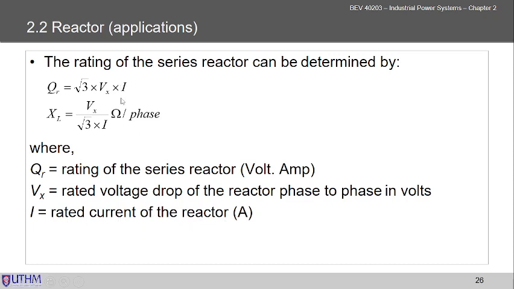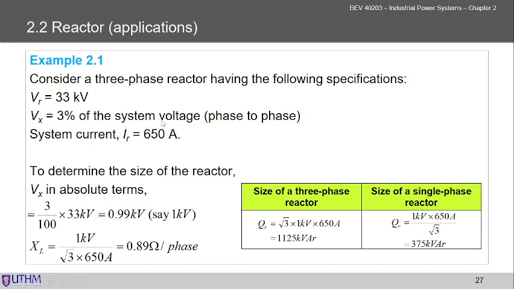And the XL is the inductance, and you can calculate it using the voltage drop divided by square root 3 times the I, in ohm per phase. So for an example, we consider a 3-phase reactor. We have the VR.